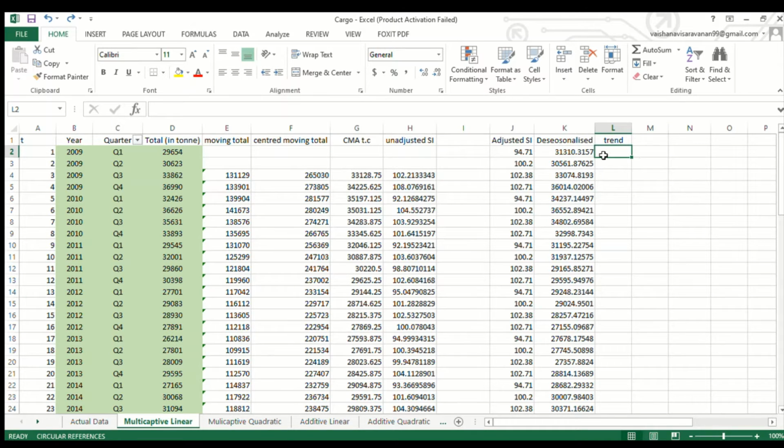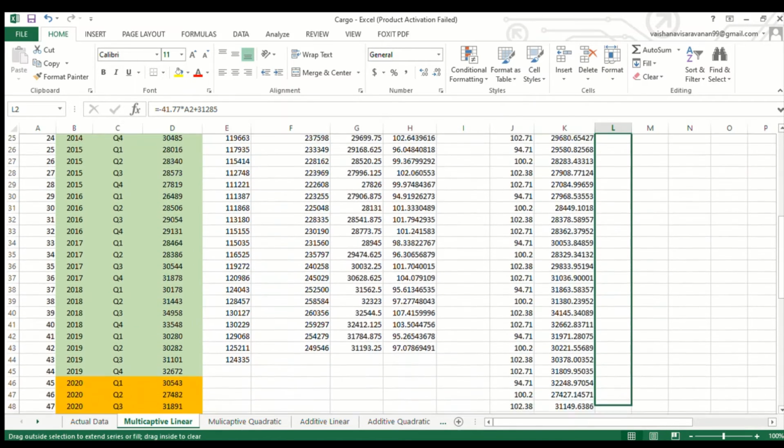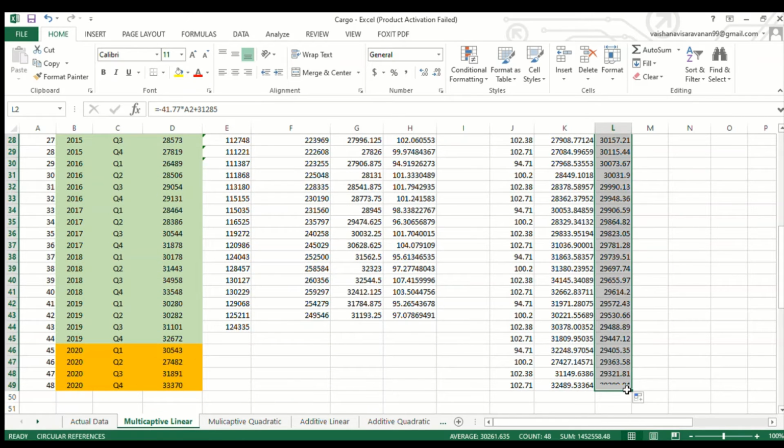As for our trend, we are going to use our coefficient and intercept from the regression model. So our coefficient would be negative 41.77, which we are going to times with T1 and then add it with our intercept, which is 31285. And by filling the series till the evaluation part, we get this.